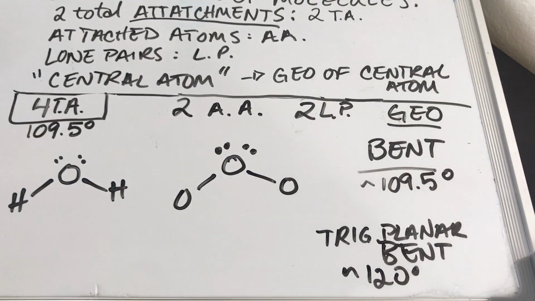Are you going to ever ask us for those exact numbers? No. No, I don't care if you remember the bond angles. I think it's enough to recognize the shapes, right? But I think the angles can be helpful if you're somebody who's been doing trig or something like that, you know what I mean?